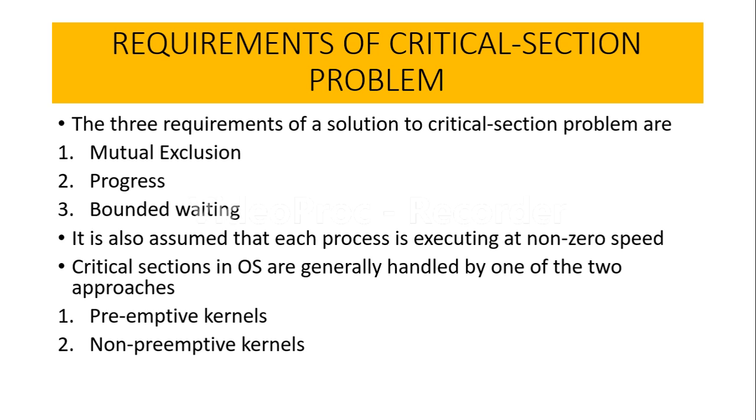If it is in the reminder section, we cannot allow it to enter the critical section. If it is not, then we can allow process P1 to enter the critical section. This is the second requirement for finding the solution of the critical section problem.